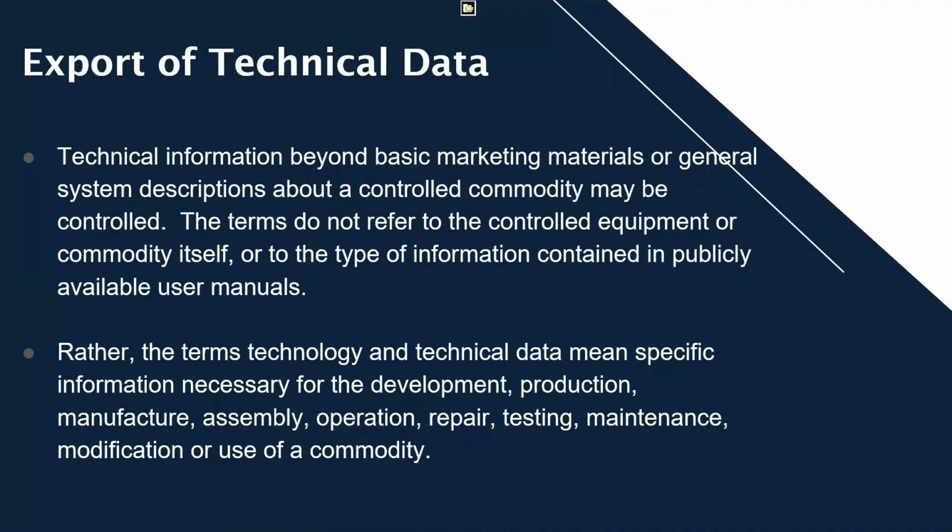Final word regarding technical data. Again, you need to go through the same analysis, even if it's not a physical item that you're exporting. You can do a controlled export by just emailing someone in your company in the US who's a foreign national. That's called a deemed export.